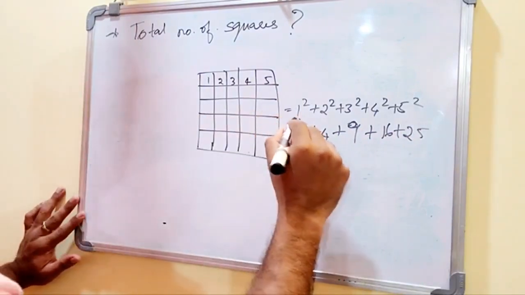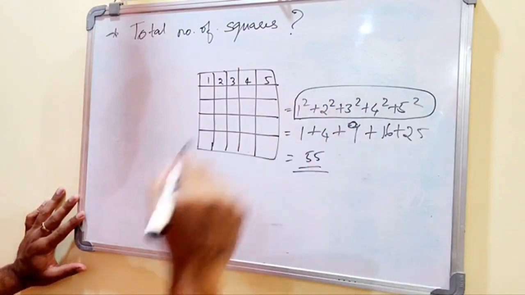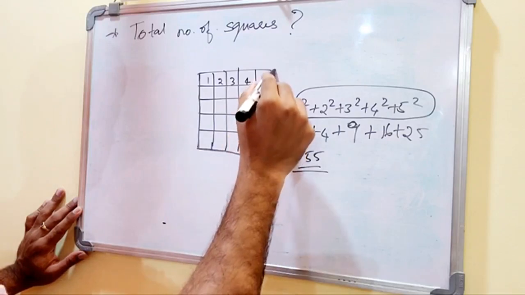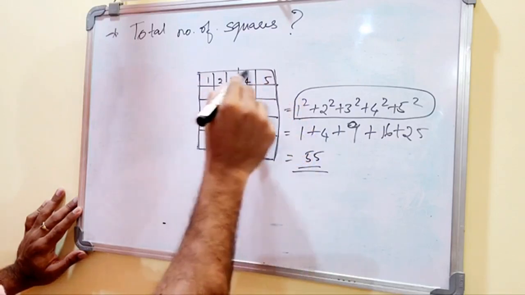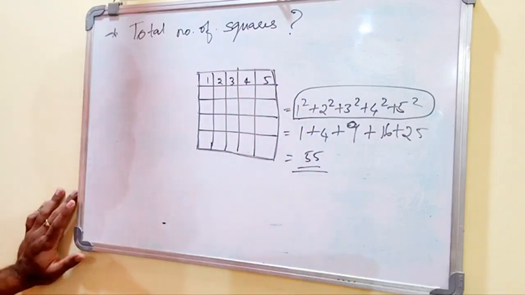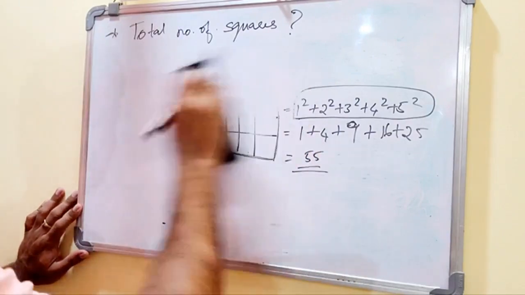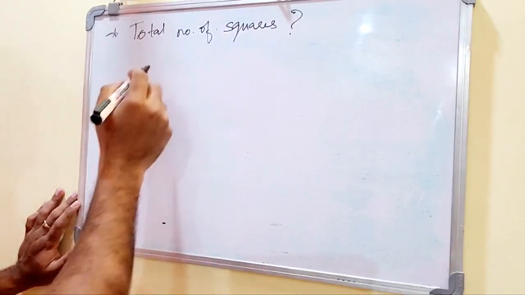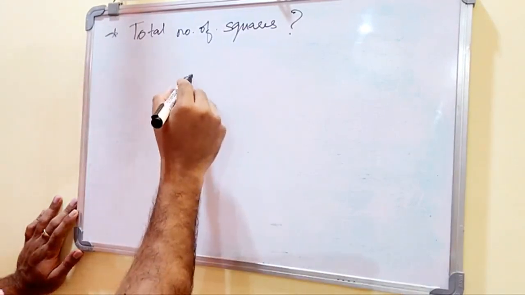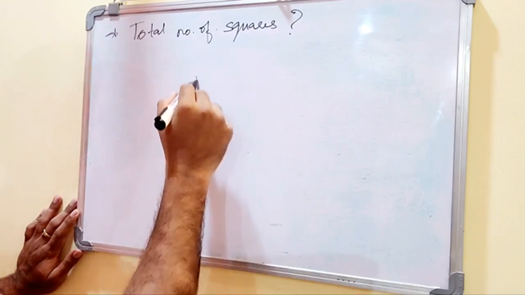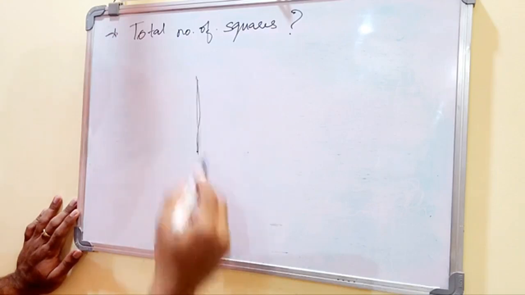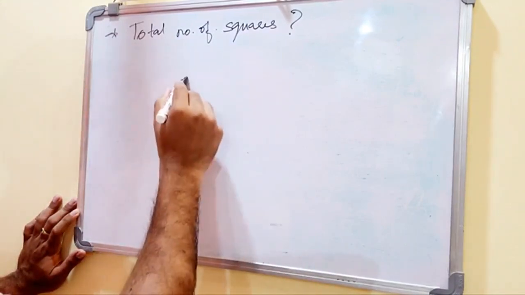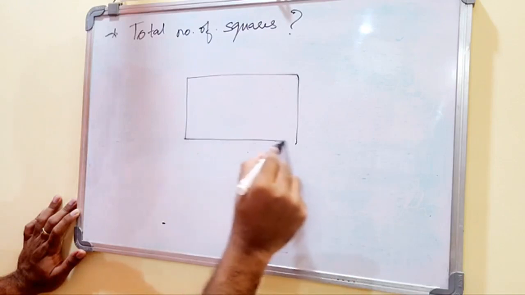And this formula is very important. And this applies only when this bigger polygon, which we are seeing here, is a square. There is a second kind of problem. The second kind is when you are asked to find the total number of squares in a rectangle.